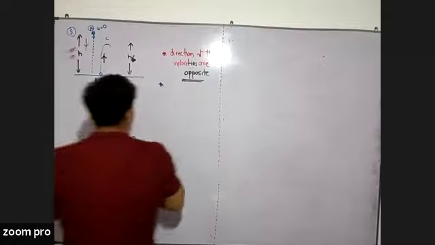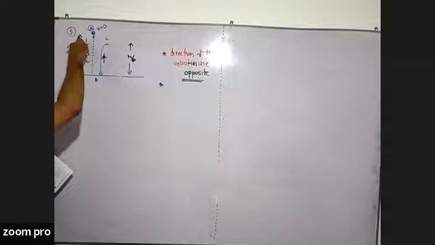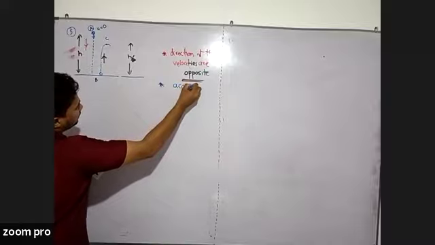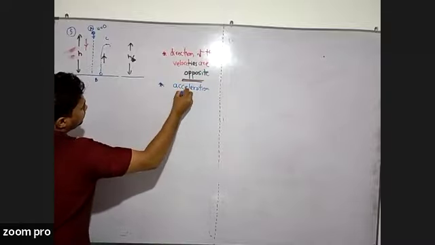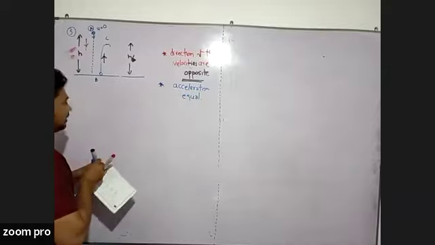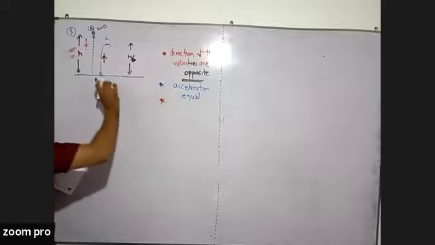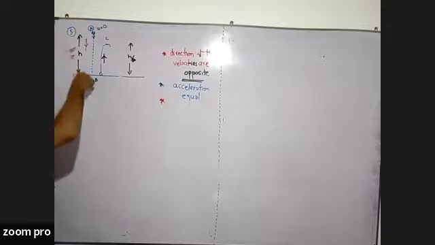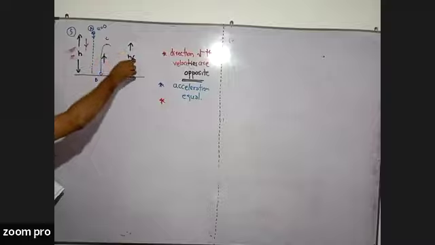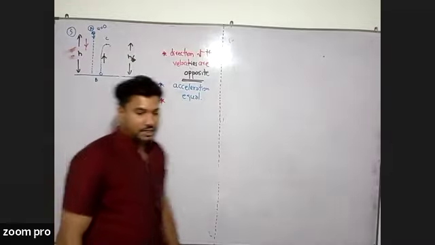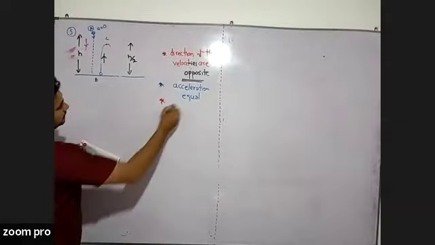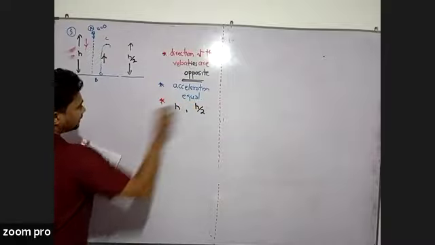Also, from A to B the object travels a distance of h, and from B to C the object travels a displacement of h over 2. So these displacements are two different values.